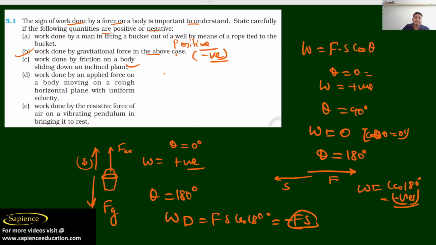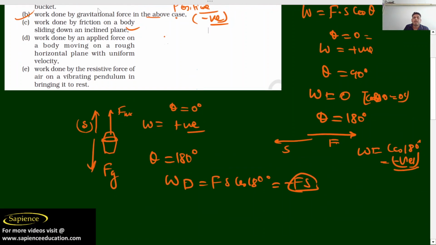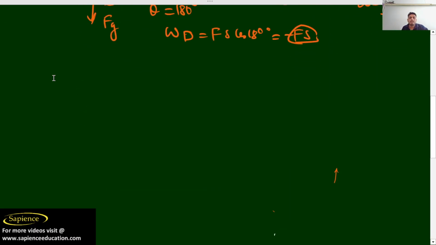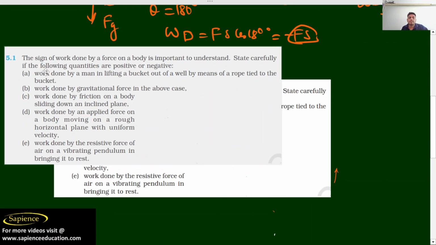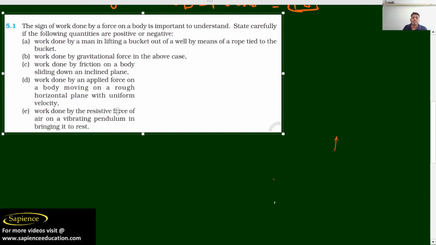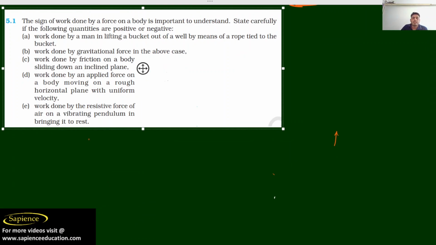Now work done by the friction force on a body sliding down an inclined plane. Let us solve this question. See here, this is your inclined plane, and a body is moving downward.